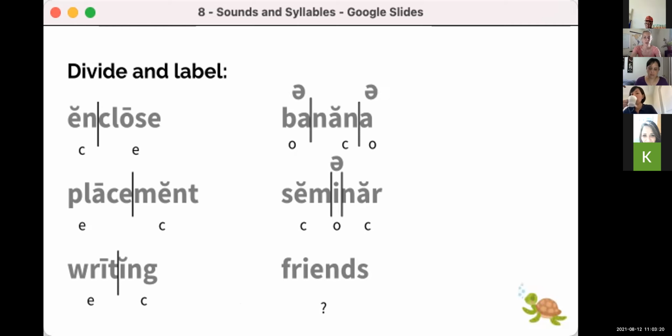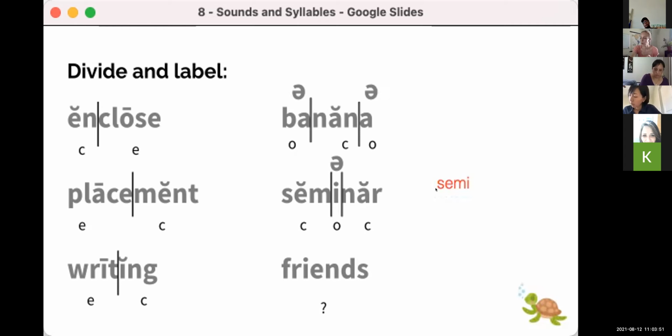Semi, S-E-M-I, is a prefix. That's where we see a semi-truck, and semi meaning halfway or part of something.